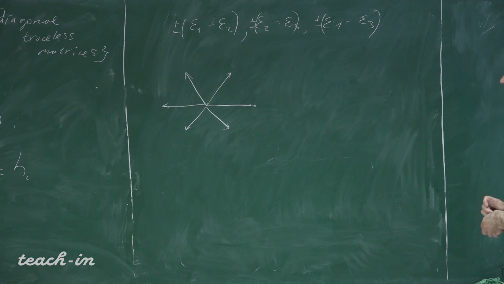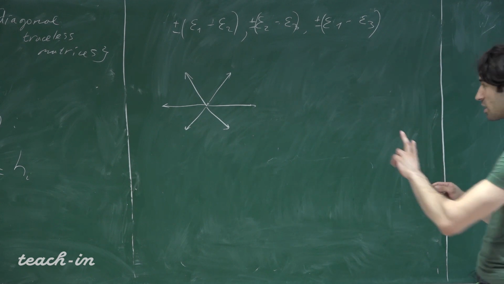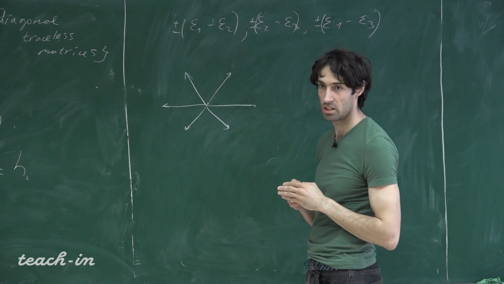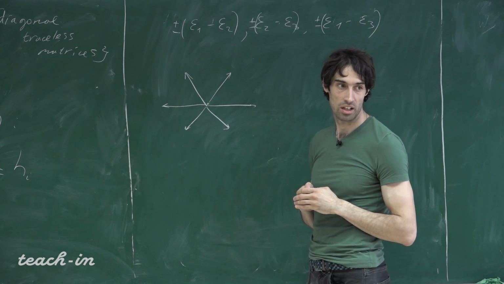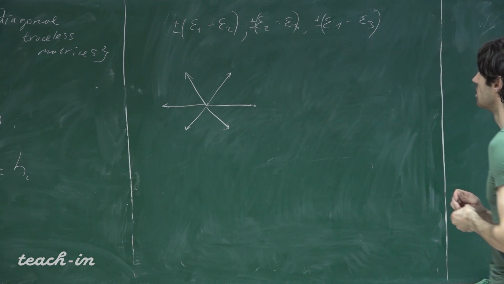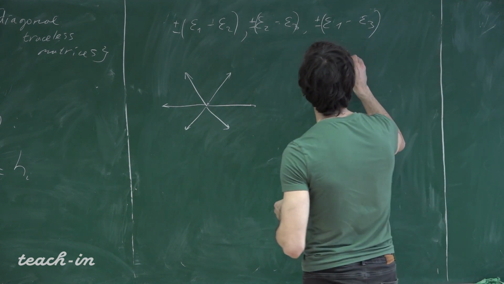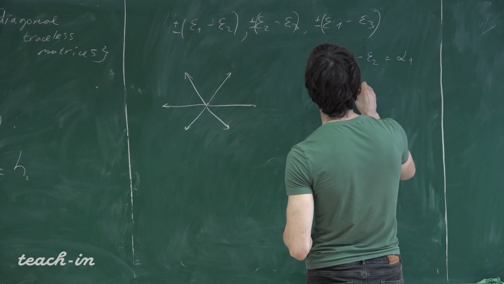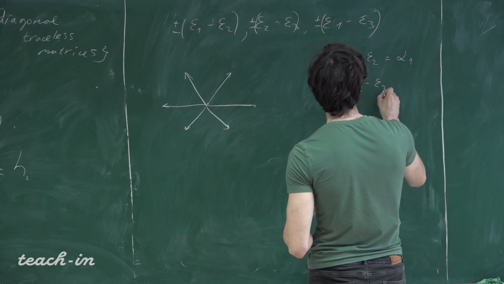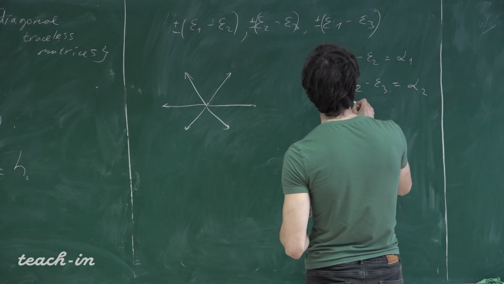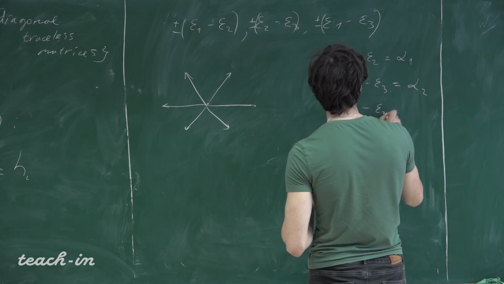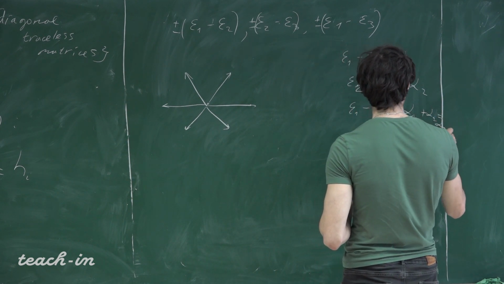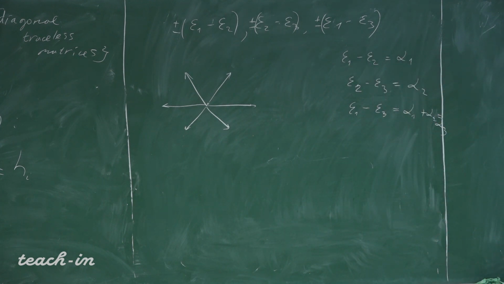Now, how to compute angles and check that they actually correspond? First of all, let me take the pluses here. If I choose epsilon 1 minus epsilon 2 to be alpha 1, and epsilon 2 minus epsilon 3 to be alpha 2, then this one, alpha 1 plus alpha 2, is alpha 3.